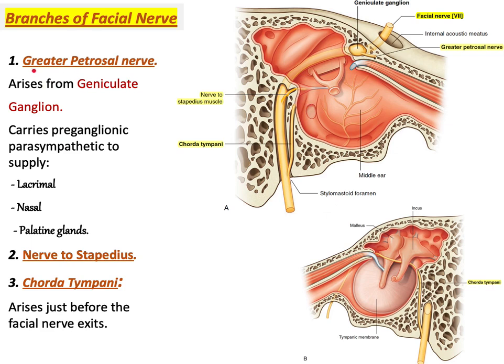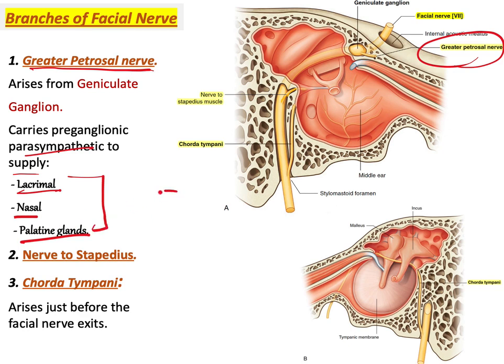As I mentioned before, the greater petrosal nerve gives parasympathetic supply to the lacrimal glands, nasal area, and palatine glands. That means any salivary gland and lacrimal gland above the oral fissure, like the nose, the palate, the orbit and so forth.